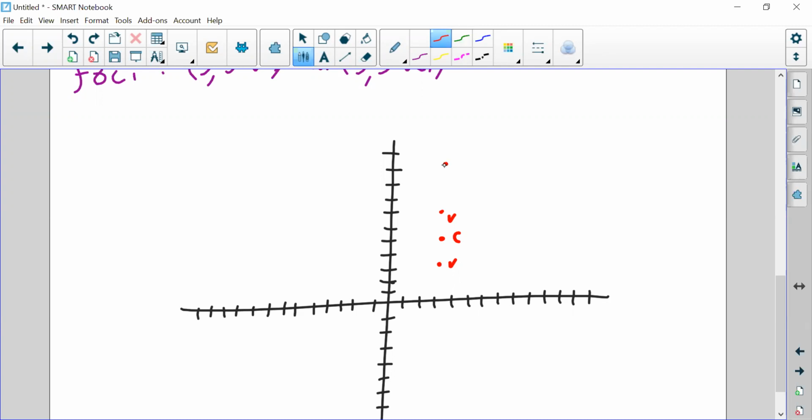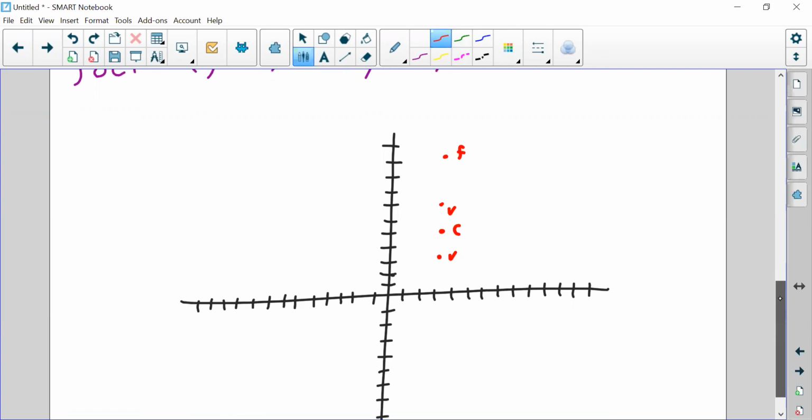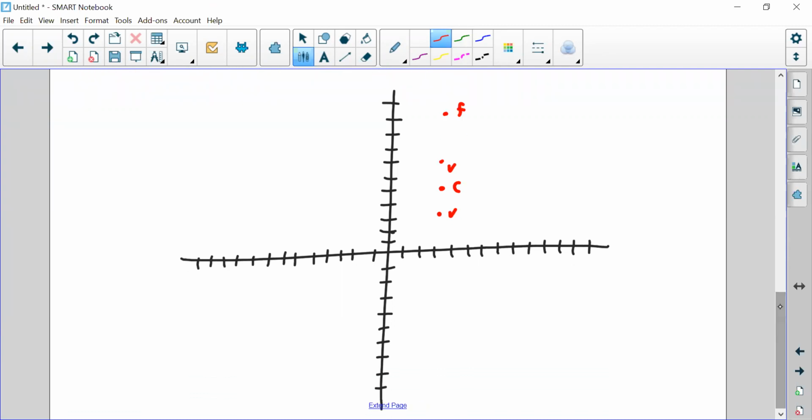Okay. So that's our focus. And then we have where we did the subtraction, what do we get? Okay, then you got negative 0.4. So there's my other focus.